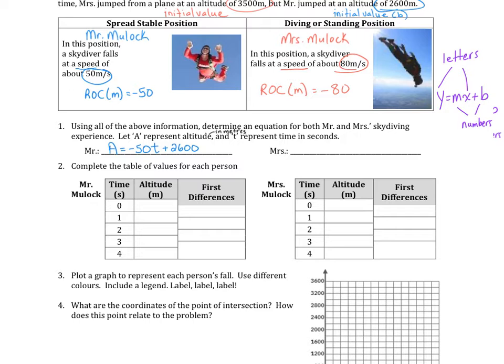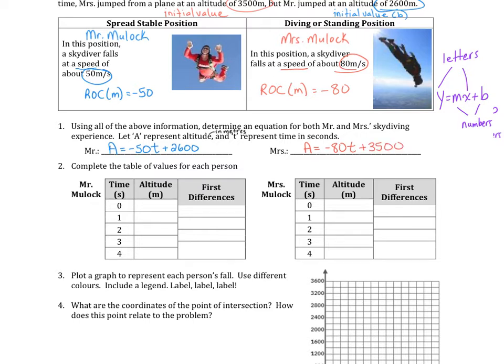For Mrs. Mulock, the equation is the dependent variable, which is altitude, equals the rate of change, which is negative 80, times the independent variable, which is t, plus the initial value, which is 3,500.